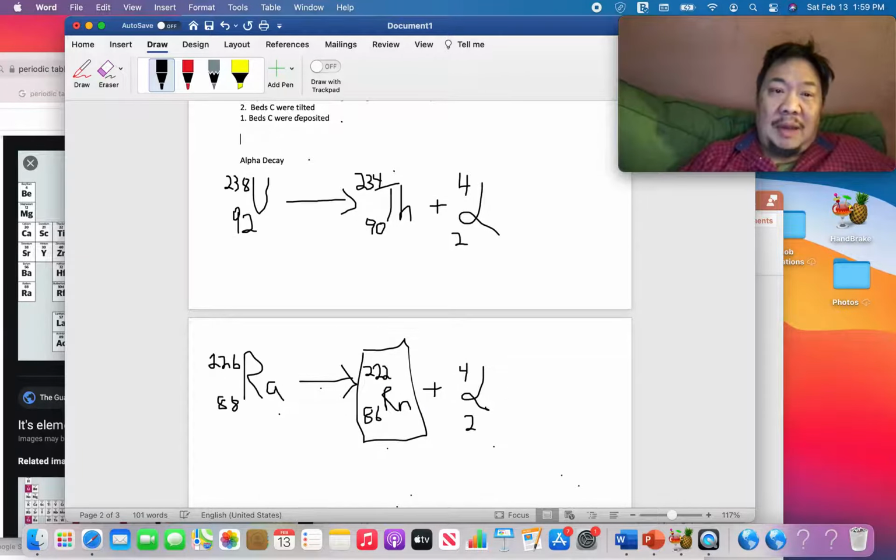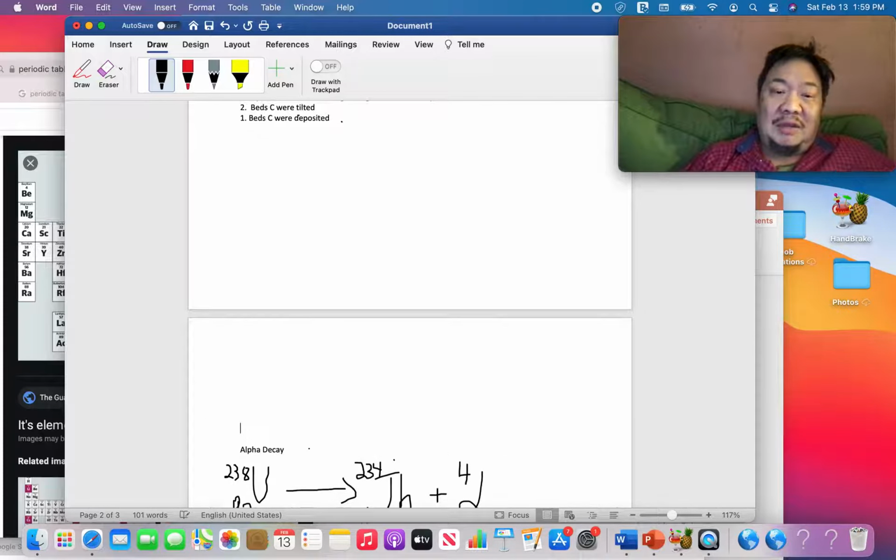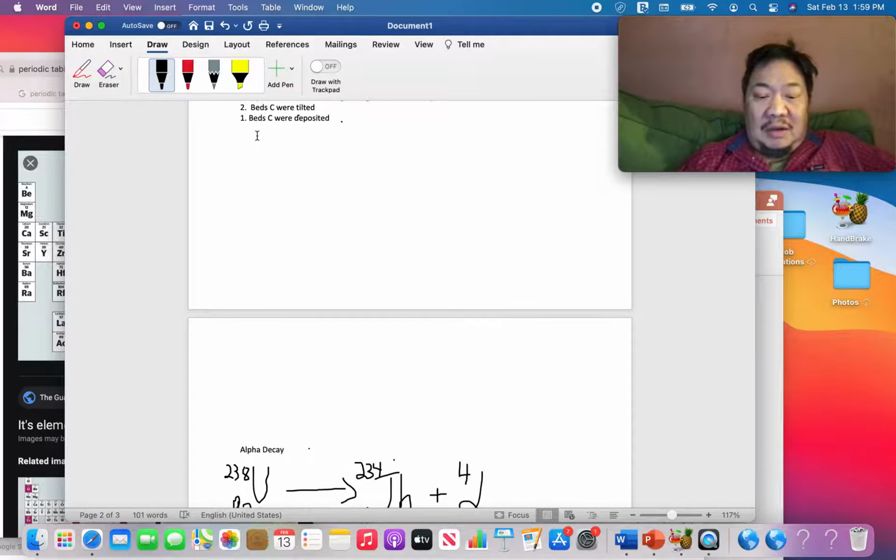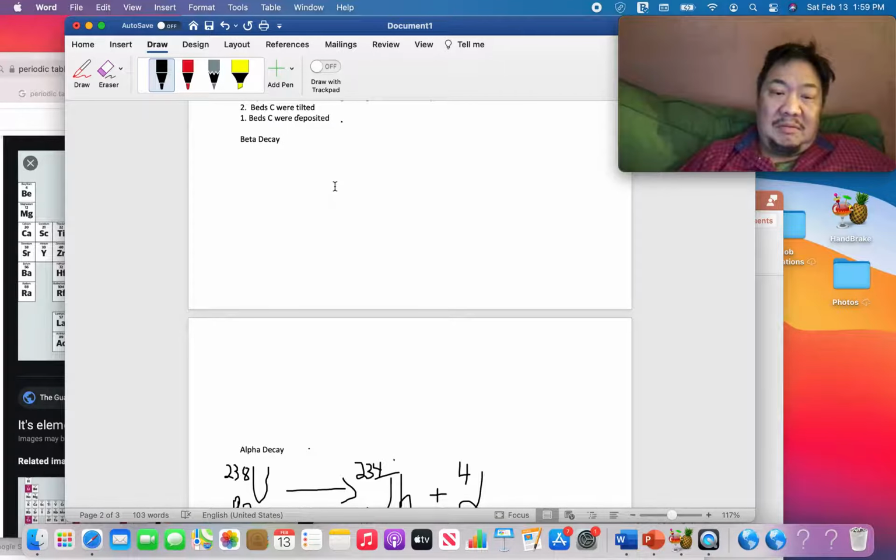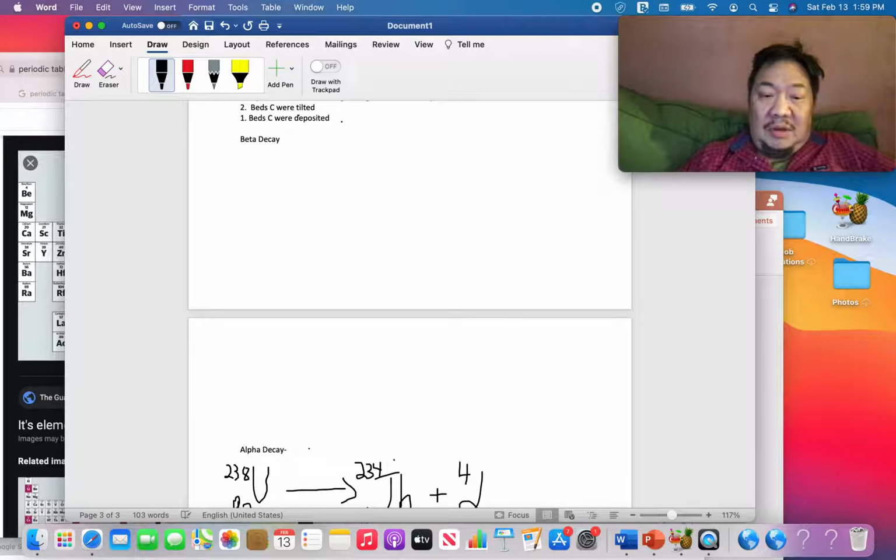Now we're going to talk about another type of radioactive decay that you need to know about, and it's called beta decay. Alpha decay is the release of 2 protons and 2 neutrons from the nucleus of a radioactive parent.